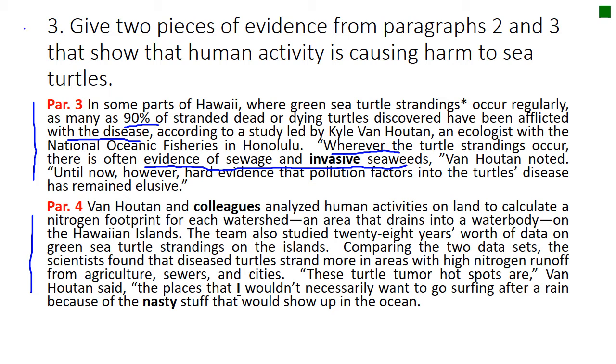Again, let's check for more pieces of evidence in paragraph 4. The team also studied 28 years worth of data on the green sea turtle. The scientists found that diseased turtles strand more in areas with high nitrogen runoff from agriculture, sewers, and cities. So this is a piece of evidence that human activities are harming turtles.